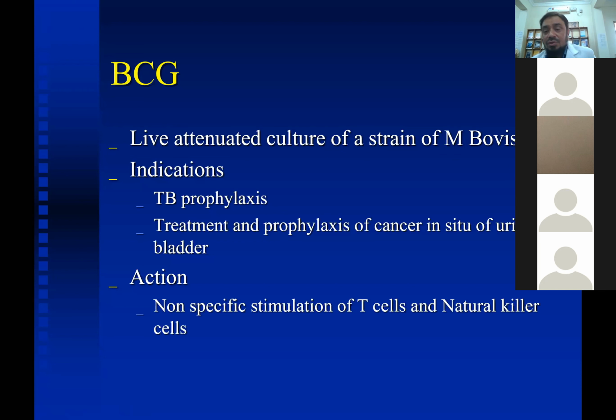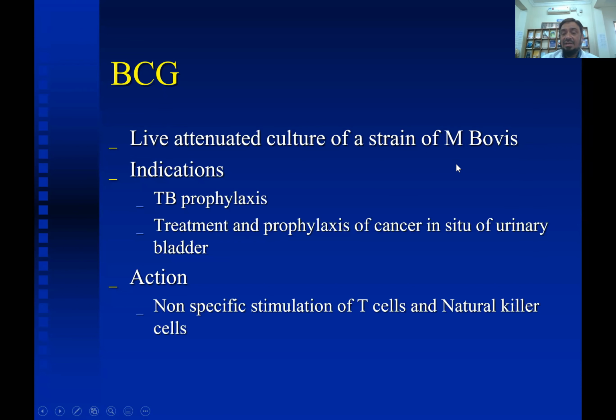It is also used for prophylaxis and treatment of cancer, that is urinary bladder cancer, cancer in situ of the urinary bladder. This action is mainly because of the stimulation of T cells and natural killer cells.